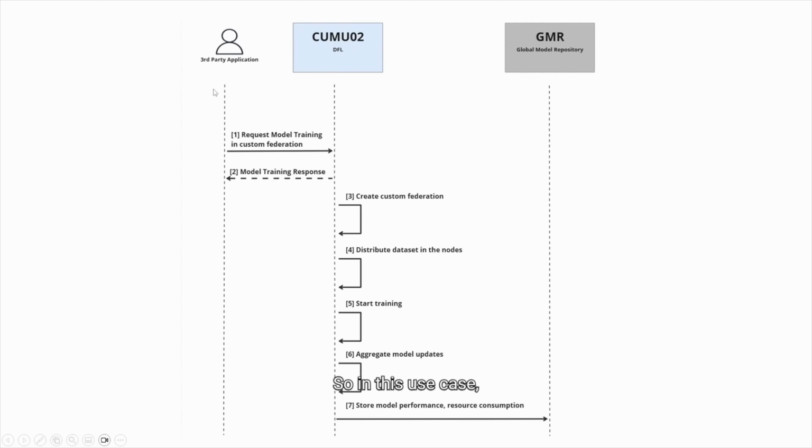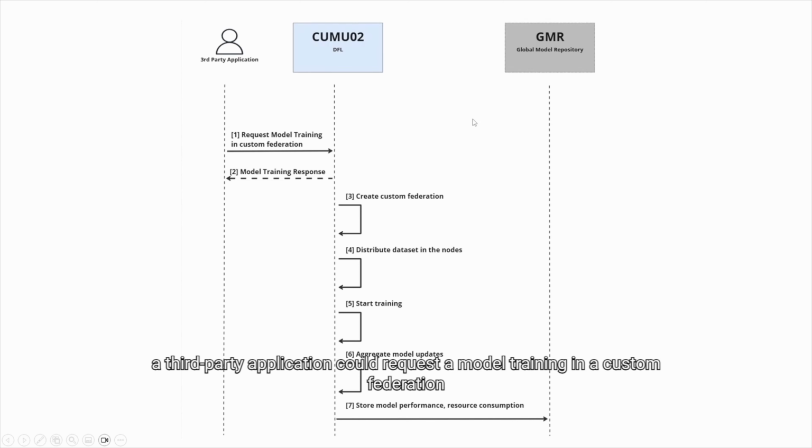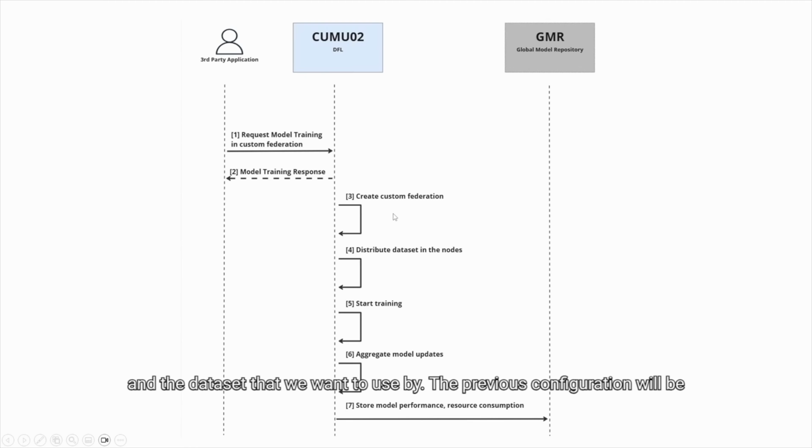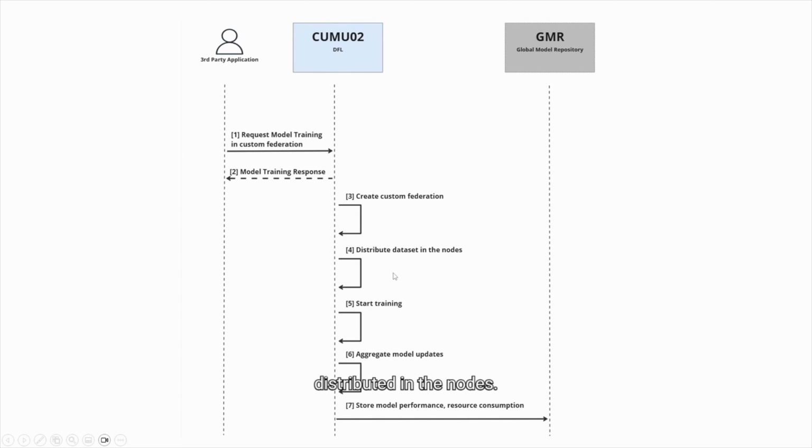So in this use case, a third-party application could request a model training in a custom federation and retrieve a model training response when the DFL framework starts training the different models in the federation. So a custom federation will be created by the DFL framework using a configuration file scenario.json, and the dataset that we want to use by the previous configuration will be distributed in the nodes.